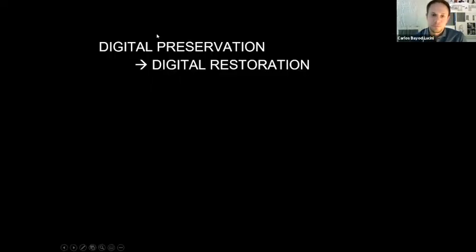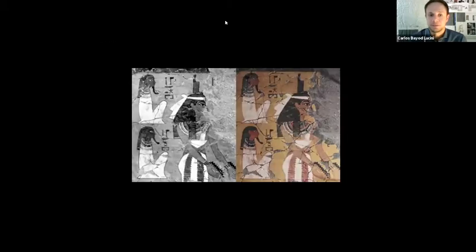So that will be in the second part of the class, but first I want to show you a general overview of different projects in which we have been applying this idea of digital restoration, which of course is part of the global approach to digital preservation.